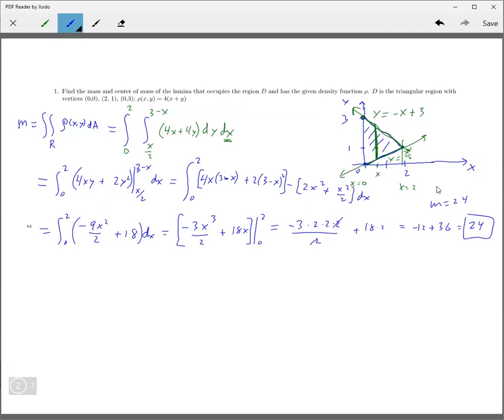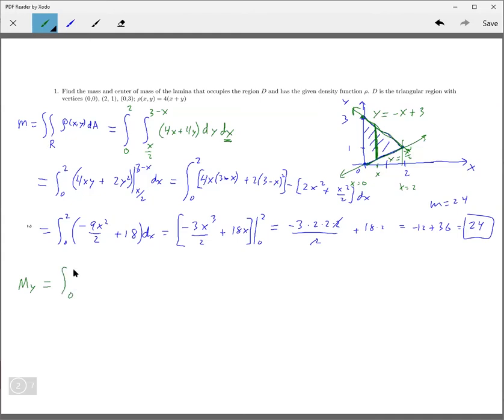Okay, and then the next thing that you want is the center of mass. Okay, so for the center of mass, you have to calculate the moments. Okay, so let's start with the moment about the y-axis.